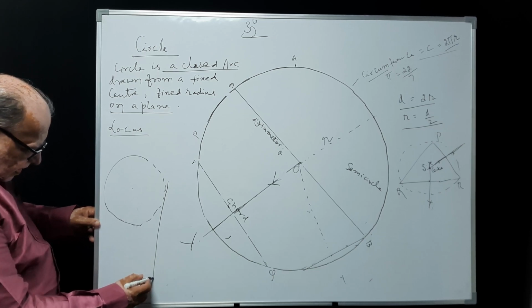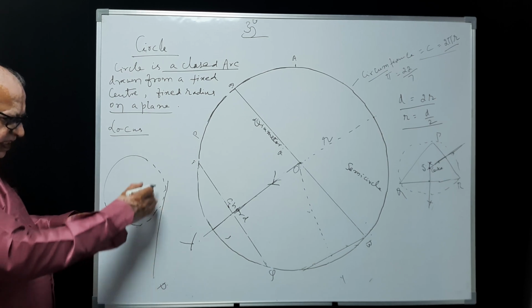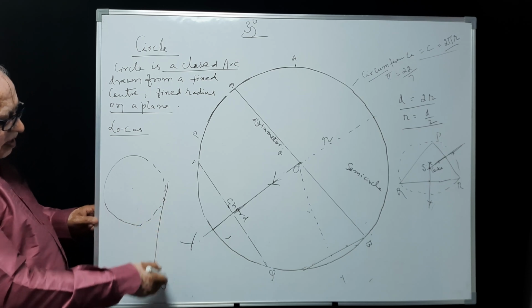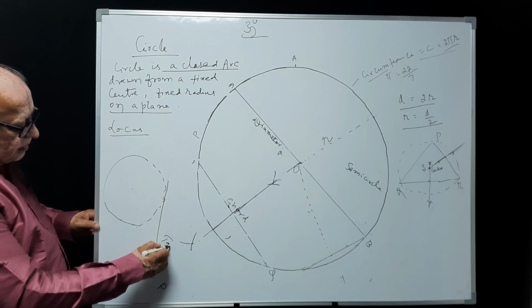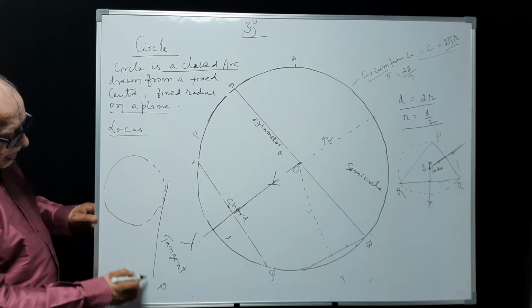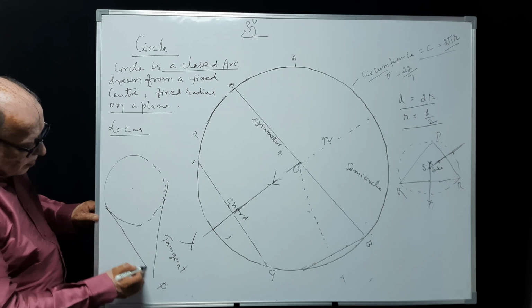Say this is the external point. This touching line, which touches the circle at one point on the circumference, will be called a tangent. Like this, if you try, you can draw two tangents from the same point.